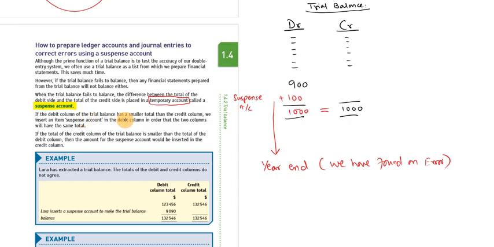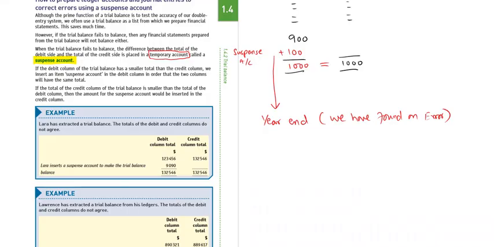If the debit column of the trial balance is smaller than the credit column, insert the suspense account item in the debit column. If there is a deficiency in debit, we open the suspense account on the debit side, and if there is a deficiency in credit, we open it on the credit side. Later on, when we find the error, the suspense account is automatically removed.